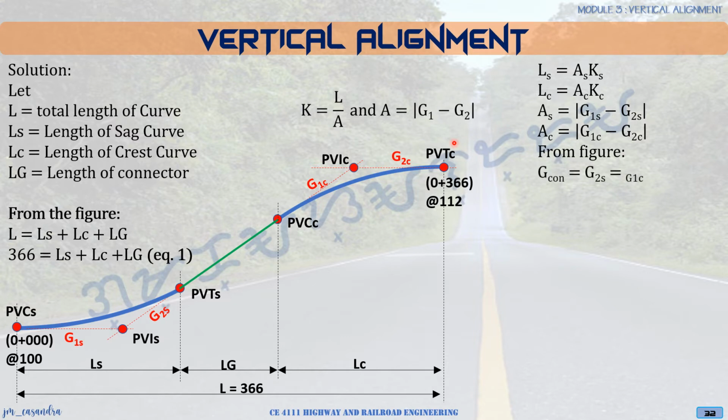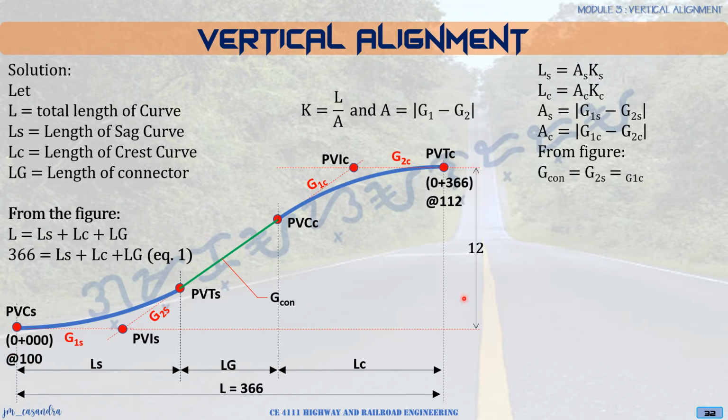So from the figure, we can see that the connecting grade, this green line, is the same grade as G2S and G1C. This is your connecting grade, or G-con. So also, we're given elevation 100 and elevation 112.